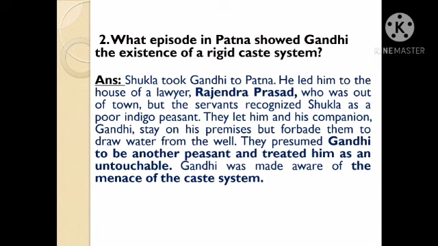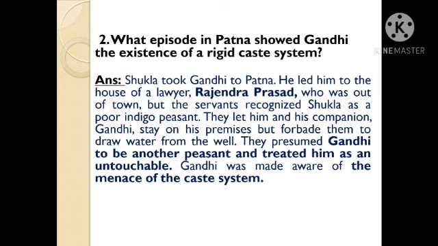Question number 2. What episode in Patna showed Gandhi the existence of a rigid caste system? Rigid means a very strong caste system. Answer: Shukla took Gandhi to Patna. He led him to the house of a lawyer, Rajendra Prasad, who was out of town. So Shukla, along with Gandhiji, went to Rajendra Prasad, that is a lawyer, to his house.